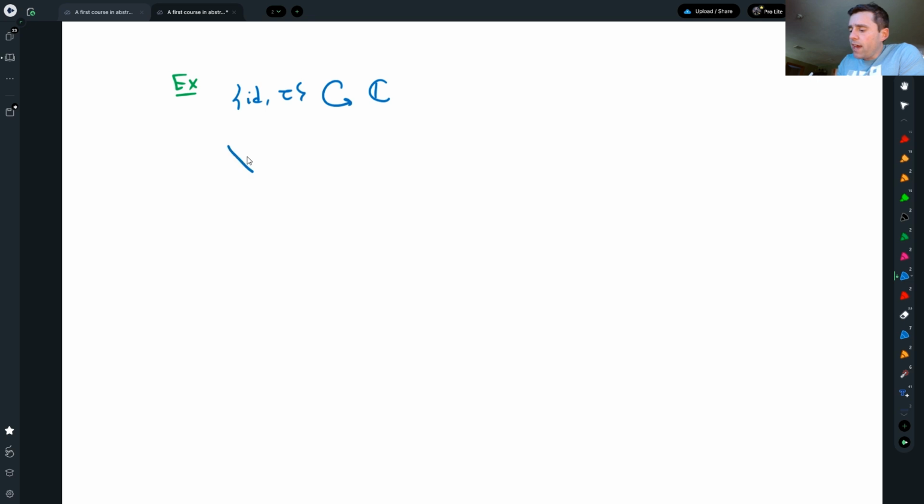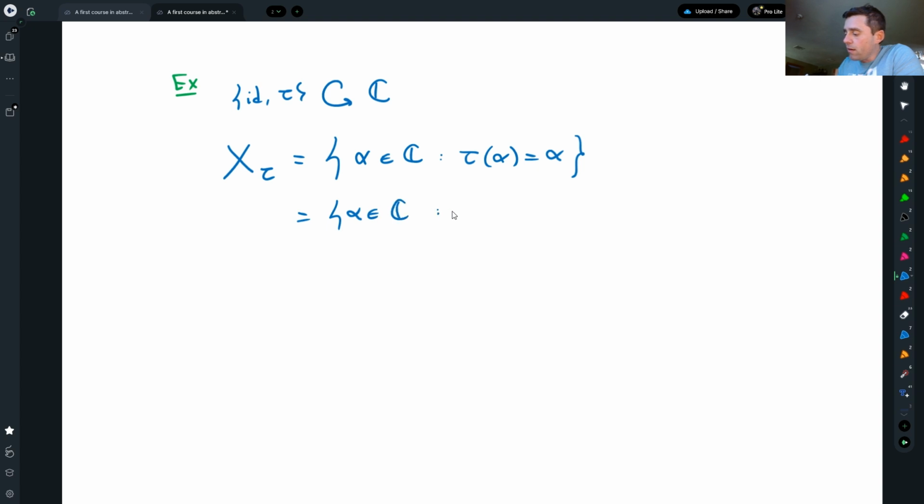What points are fixed by complex conjugation? Well, the complex conjugation fixed points will be those elements of the complex numbers such that complex conjugation of alpha is alpha itself, but the complex numbers for which alpha is equal to its complex conjugate are precisely the real numbers.